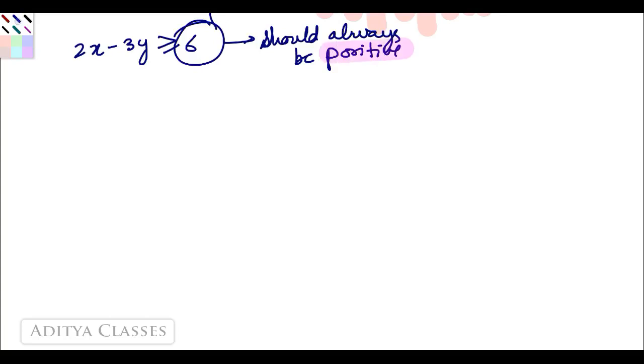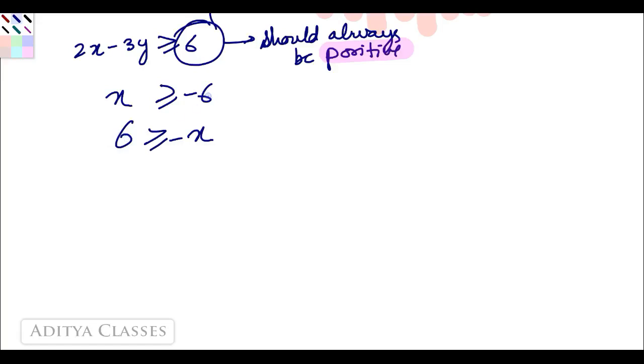If it is not positive, make it positive. How do we make it positive? If this were a minus 6, how can we make it positive? You take this 6 over here and bring this x over here.